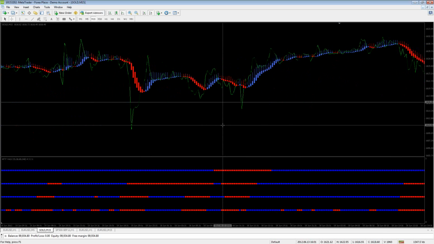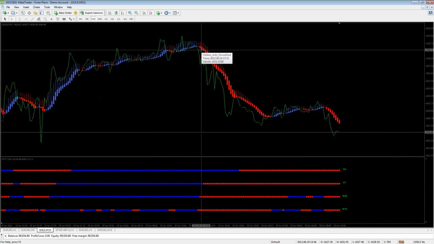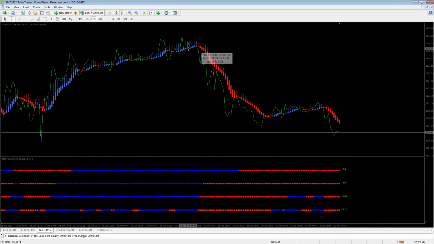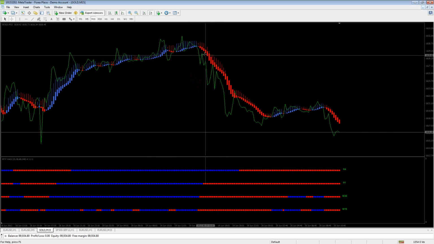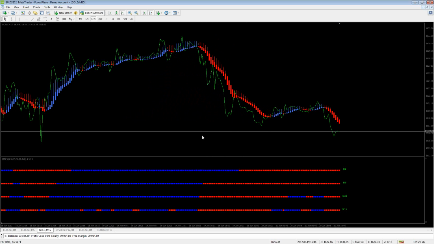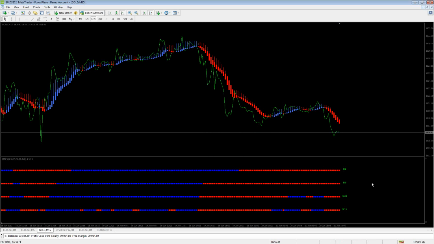On the other hand, in the other direction, we will look for short trades when the Heikin Ashi is red, the price is below the Heikin Ashi, and the multi-time frame indicator is red in all time frames.